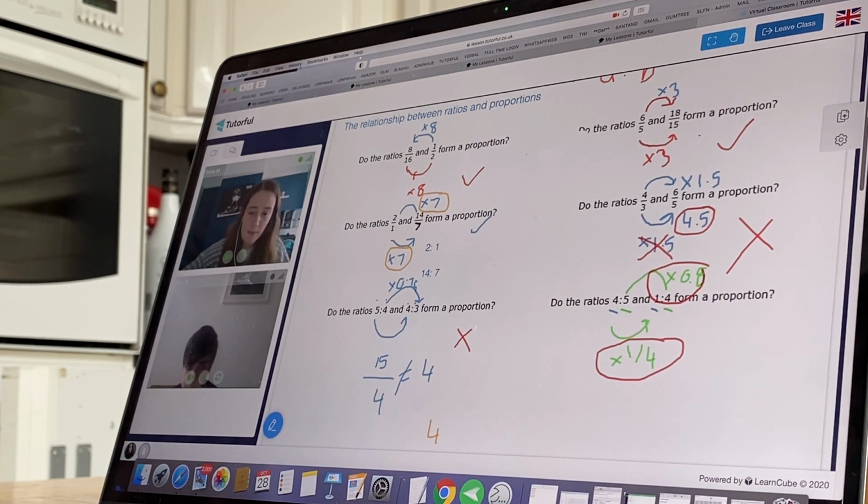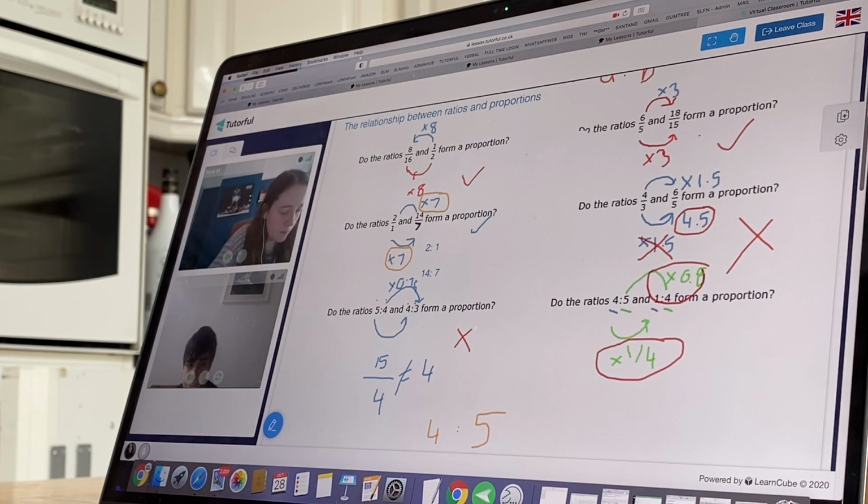For example, if we had 4 and 5 again, think of a number. No, I can't think of one off the top of my head. But it could be 8 and 10.